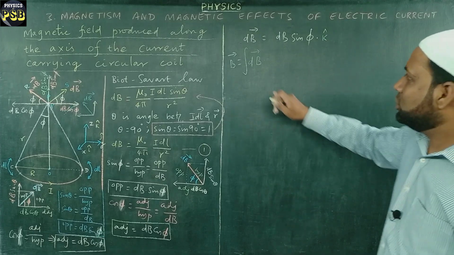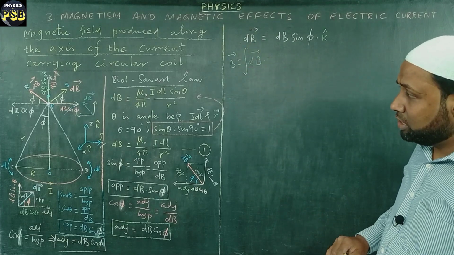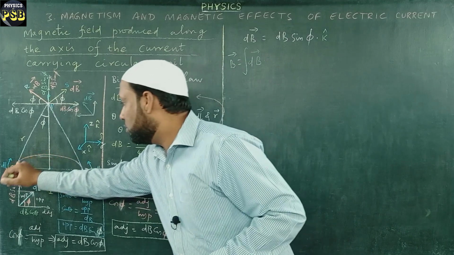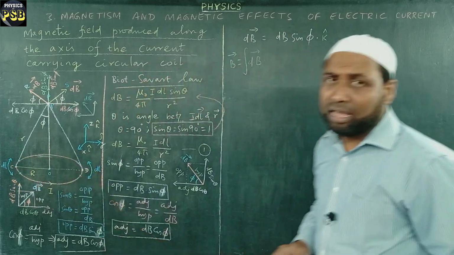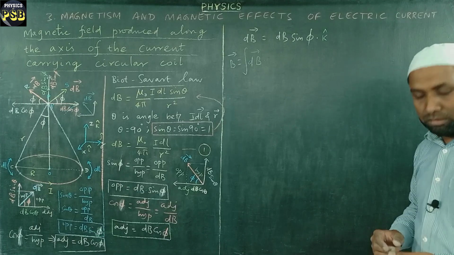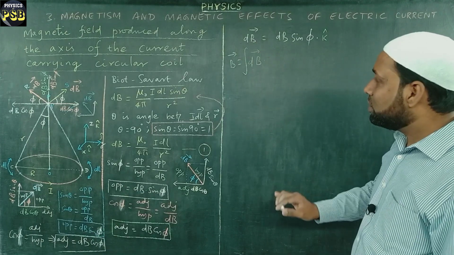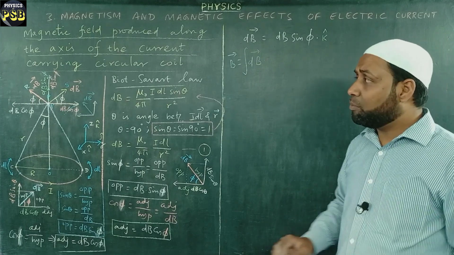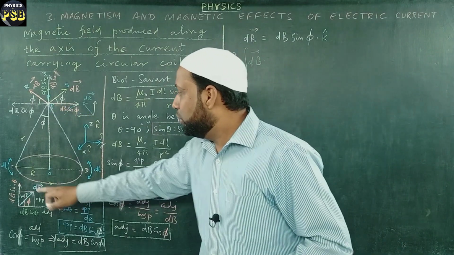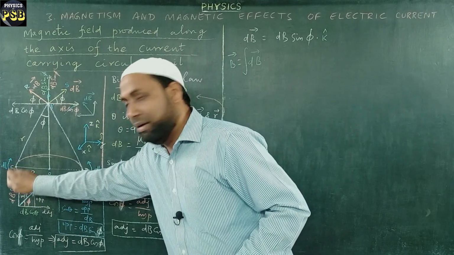Now, next, if I integrate this, I will get the total magnetic field due to the flow of current in this current carrying loop, in this coil. Now, what about this dB vector? The dB vector gives the magnetic field at point P due to the flow of current in this line element alone.